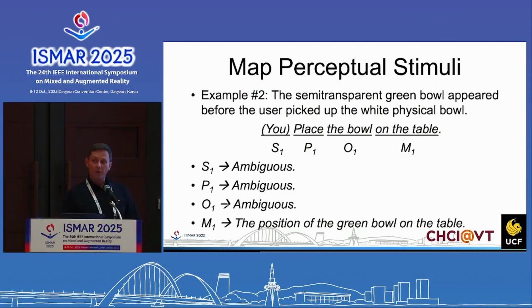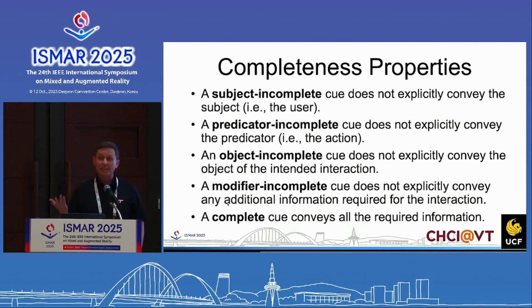Now, what's very important here, because we have three ambiguous things, I want to point out that we now have three incomplete contexts, or three incomplete things that this particular interaction cue is no longer conveying. And so this leads very naturally to us defining 5 completeness properties. We have subject incomplete cues that do not explicitly convey who the user should be.